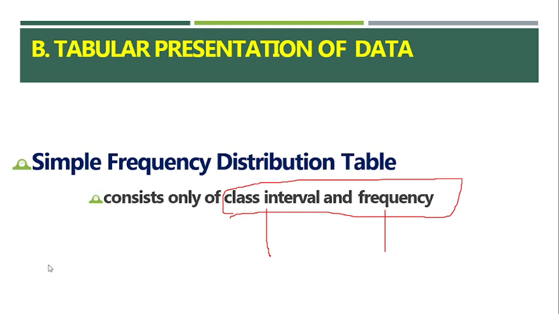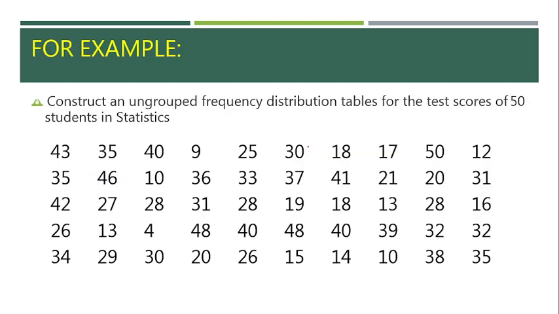Alright. So, let's have this example, no? Construct an ungrouped frequency distribution table for the test scores of 50 students in statistics. We're going to make it ungrouped, no? Ungrouped. So if we're going to make this in a grouped manner, how are we going to find it?